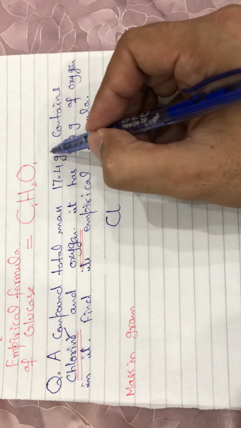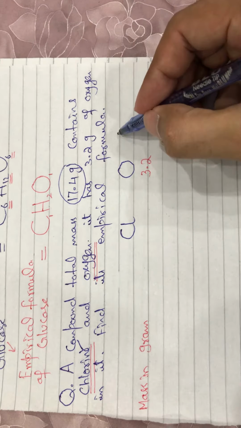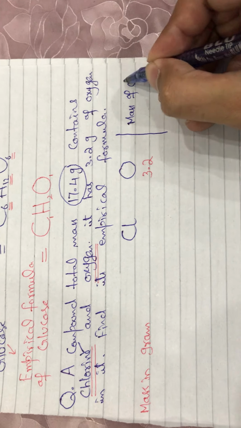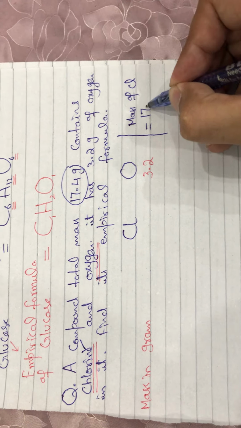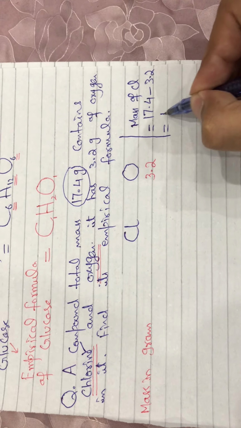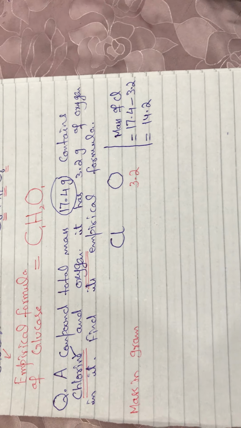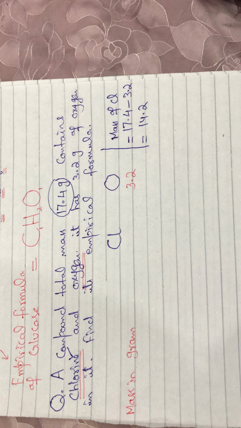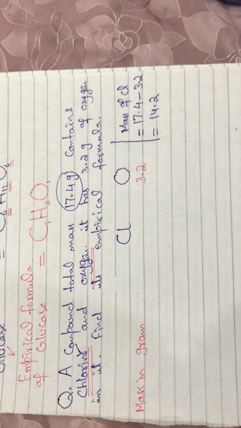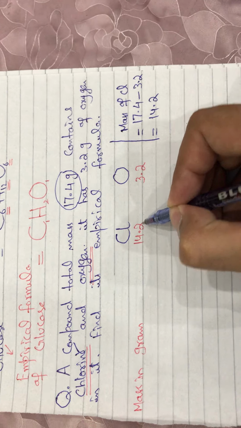We can calculate the mass of chlorine by subtracting the mass of oxygen from the total mass. So the mass of chlorine equals 17.4 minus 3.2, and the answer will be 14.2 gram.